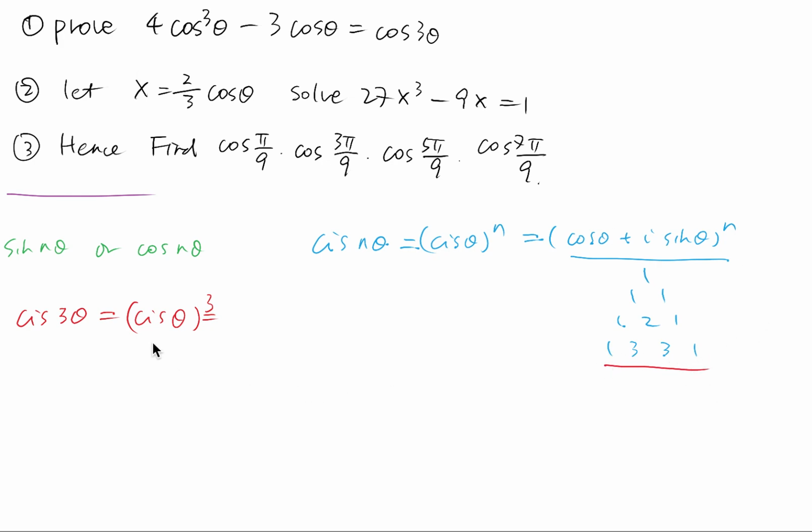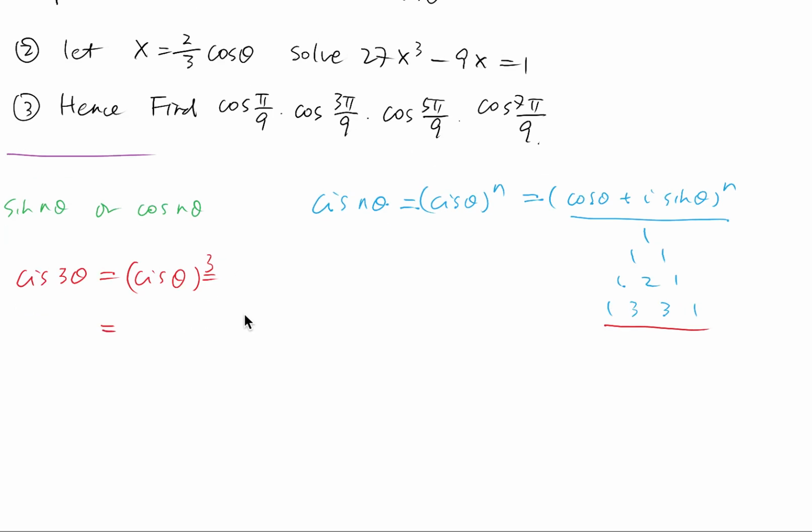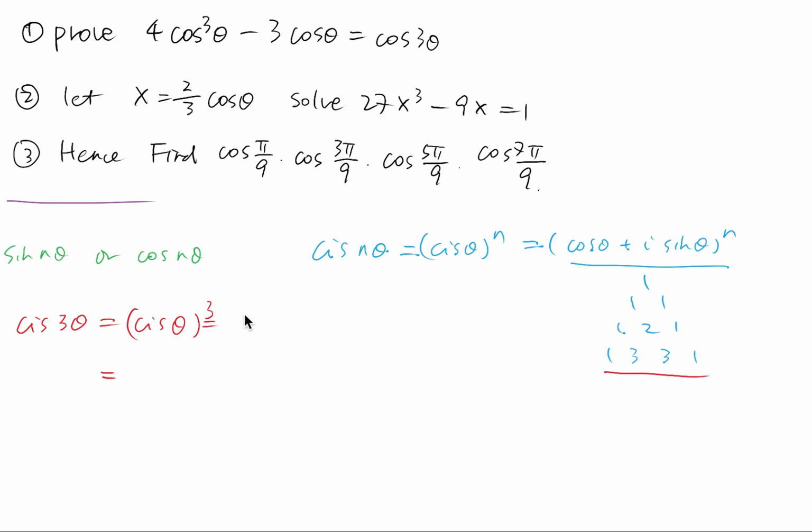When you expand cis theta to the power of 3, it becomes cos cubed theta plus 3i sine theta cos squared theta minus 3 cos theta sine squared theta plus i sine cubed theta.